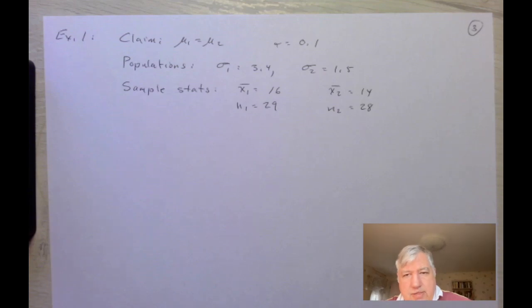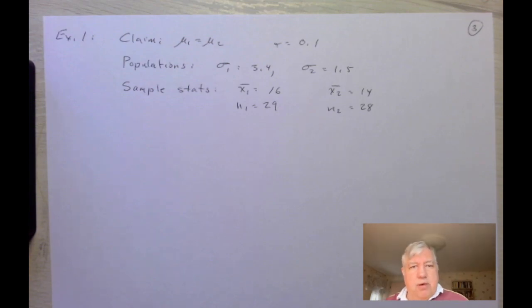What does this information say about the claim? We're going to assume, because the sample size is less than 30 in both cases, that the populations are normally distributed, and that the samples are random and independent.